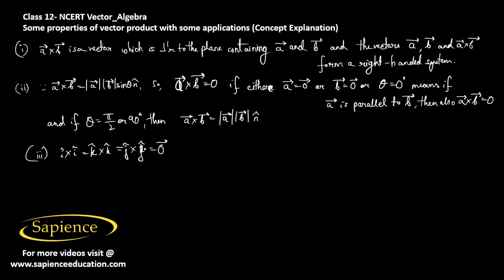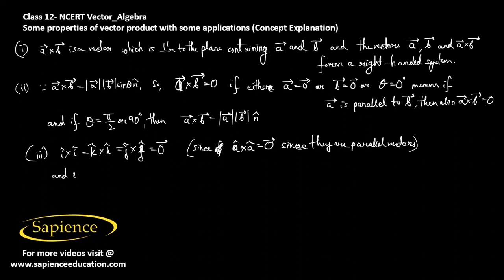Since simply the rule is that A cap cross A cap is equal to 0, since they are parallel vectors. So if you take the cross product of any two parallel vectors, then that will be 0 vector, obviously.